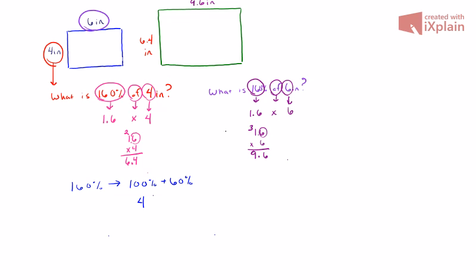And then 60% is really 10% times 6. 10% of 4 would be 4/10, just moving that decimal point in one spot. Then 4/10 times 6 gives you 2.4. Well, 4 plus 2.4 gives you 6.4, which is what we figured out previously.